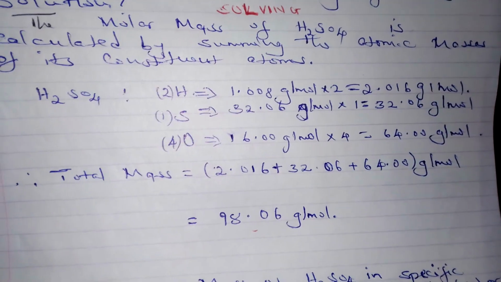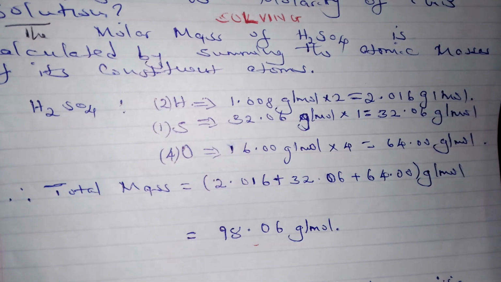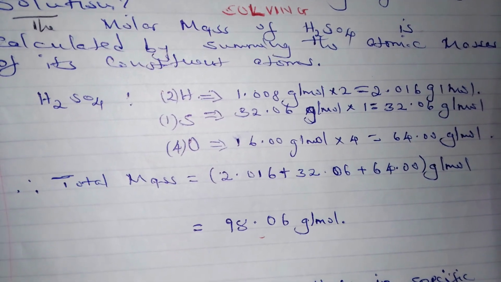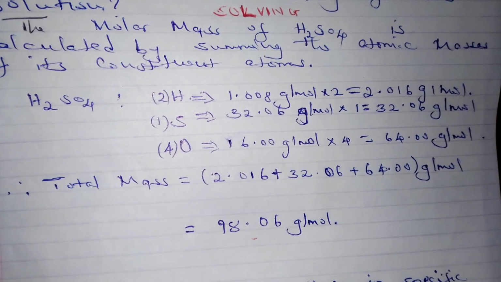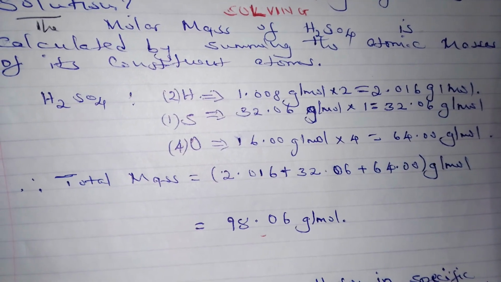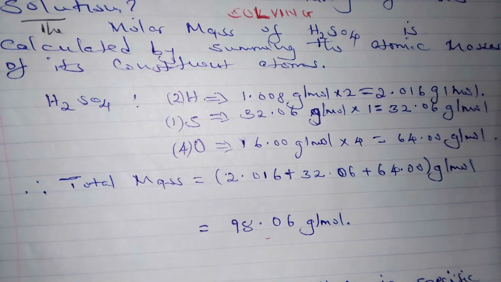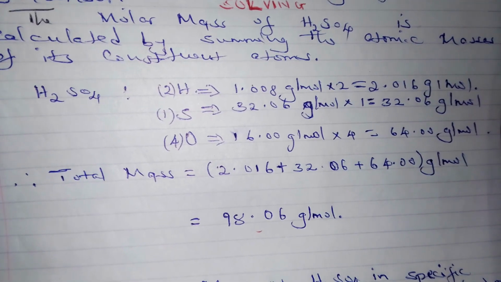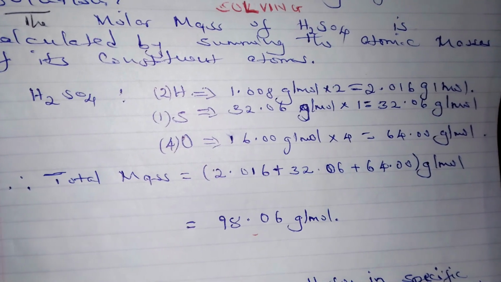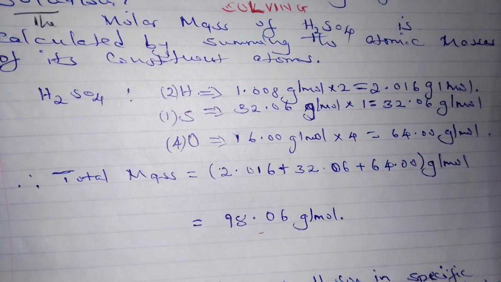Sulfur is 32.06 grams per mole, and in sulfuric acid it is only 1 atom of sulfur, so we multiply by 1, giving 32.06 grams per mole.